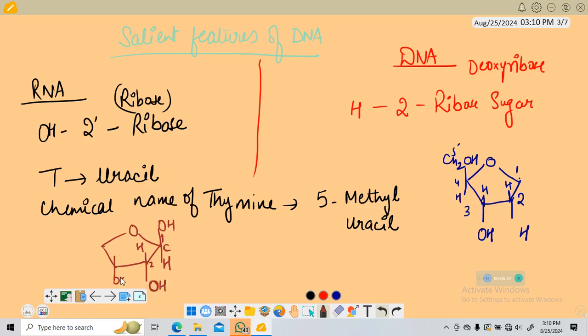Number 3 carbon will be the same, OH, here H. This will be number 4 carbon and number 5 carbon, CH2OH, here H. So what's the difference? The difference is here we have OH and in DNA here we have H. So this is the difference between the sugars of DNA and RNA.